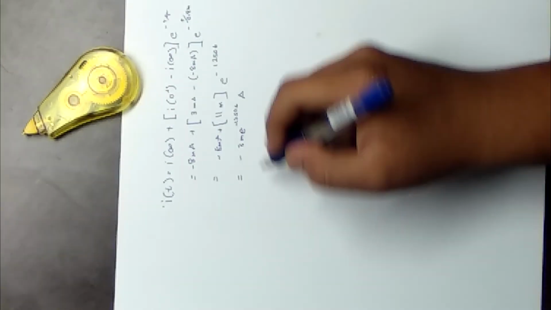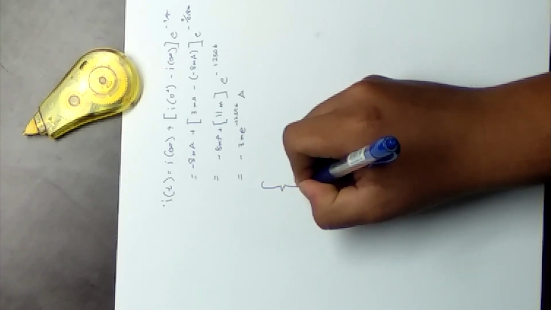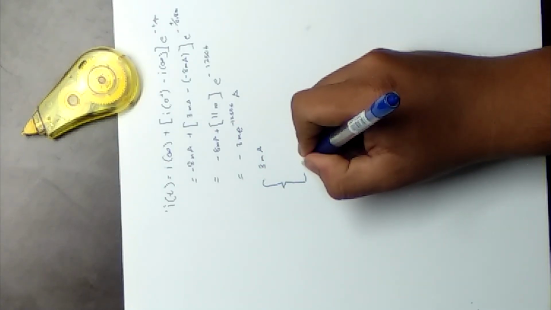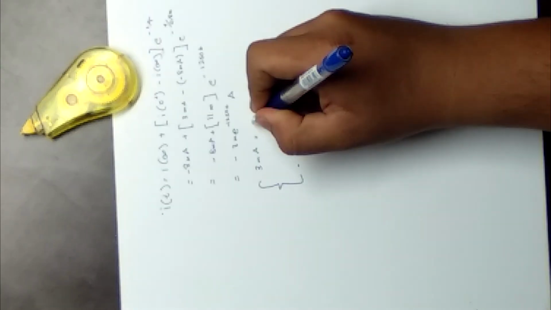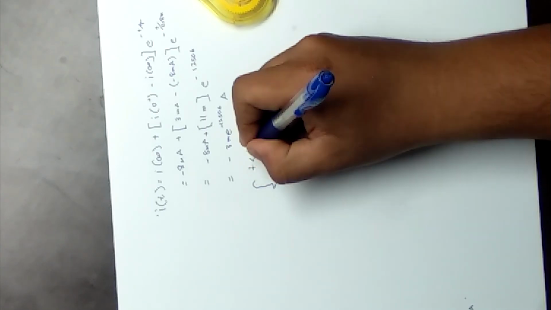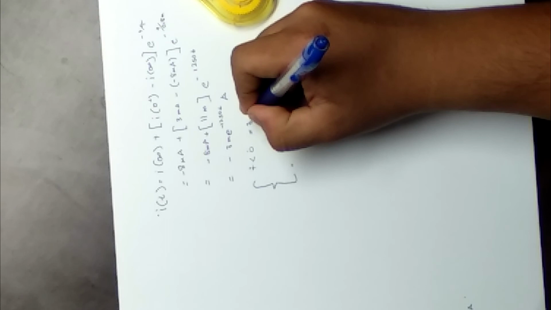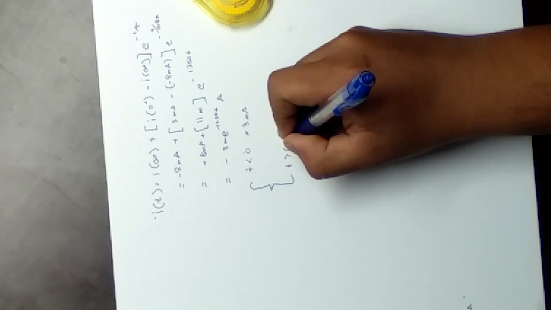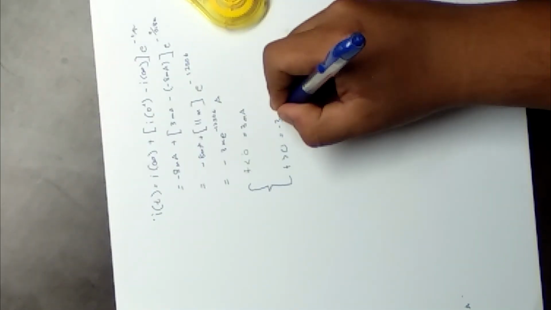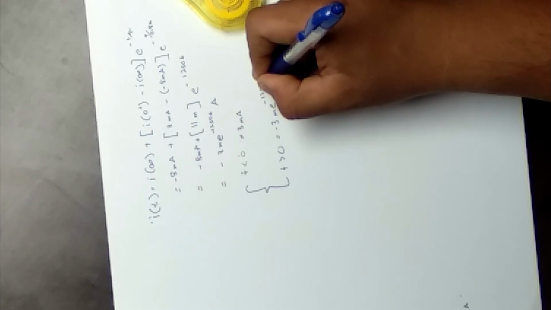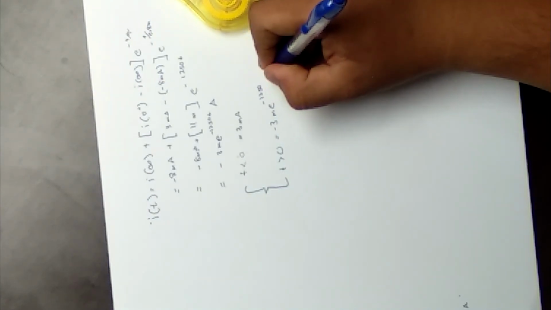Okay, so we assume that this is 3 milliampere for t less than 0, and for t bigger than 0 it is equal to negative 3 milli exponent negative 1250 t ampere.